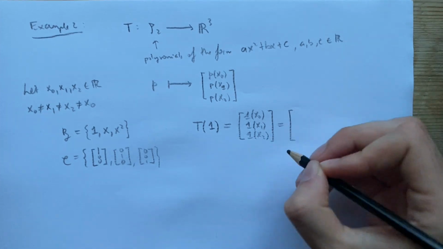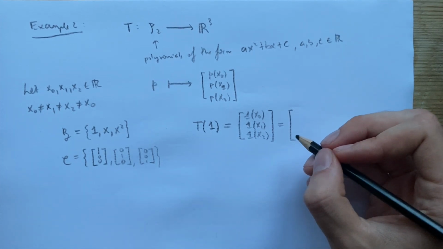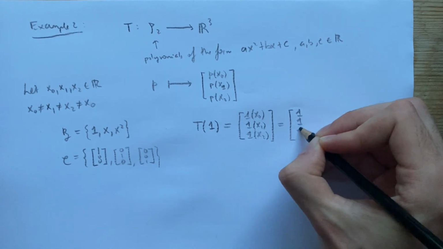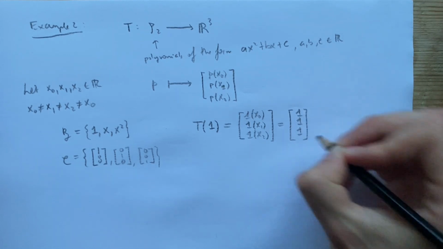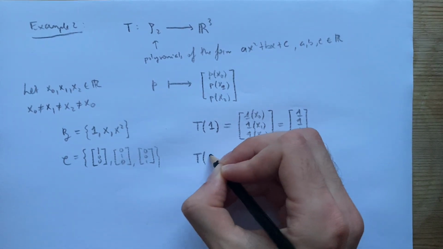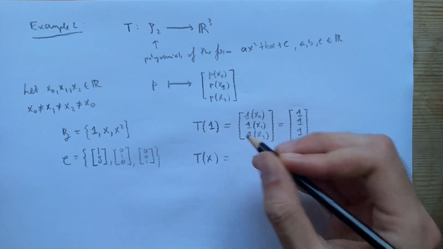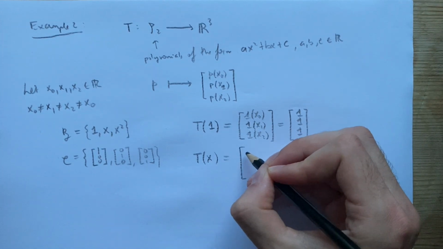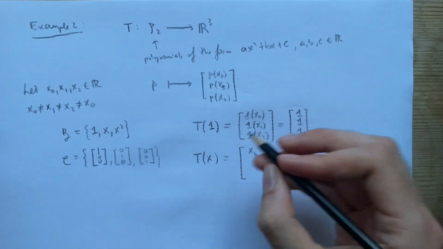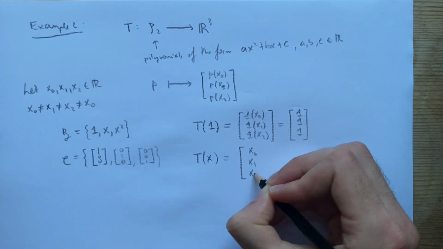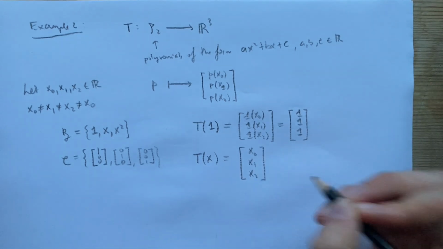And since by definition this is the constant polynomial with value 1, at any point it evaluates to 1. So we get the vector (1, 1, 1). Now if we do this for the polynomial x, when you evaluate it at x0, it gives you x0. When you evaluate it at x1, you get x1. When you evaluate it at x2, you get x2.